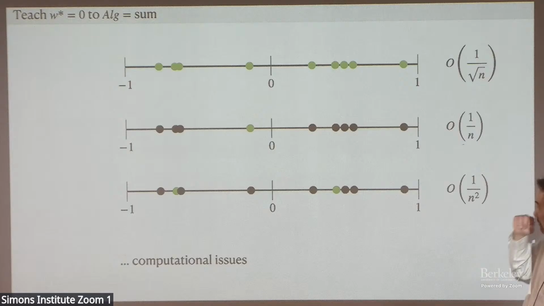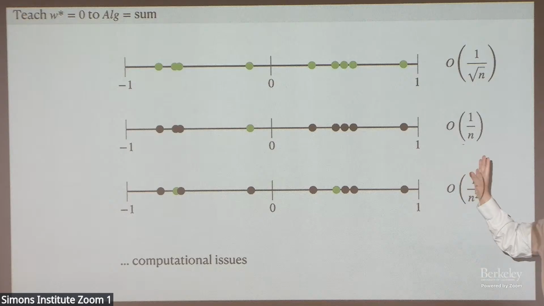Why? If you use every point, because they're IID, on reasonable assumptions, the average of those is going to be 1/√n. But if the teacher simply chooses the item that's closest to 0 and uses that as a subset, it's already getting a slightly better rate, 1/n.